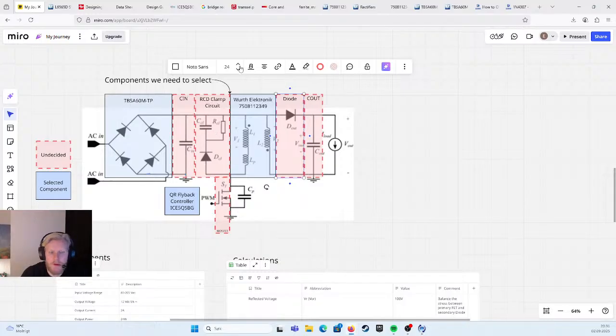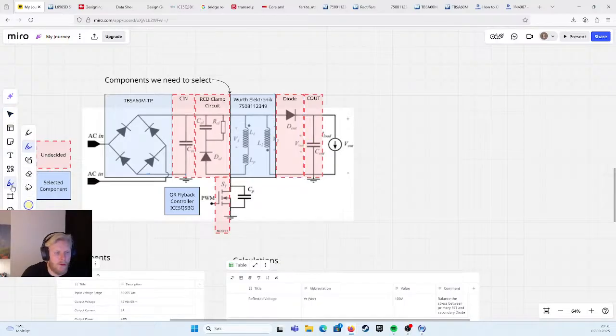Drain to source, VDS. And that would be then when the switch is open and there's a voltage VDS here.